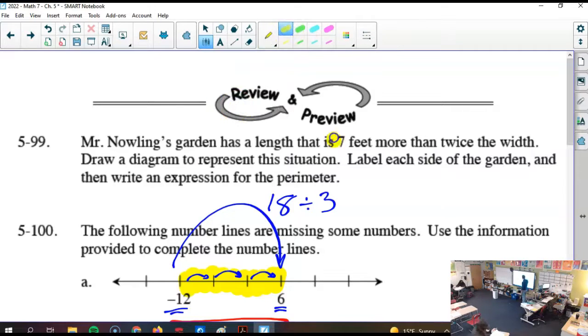I'm not going to walk you to your answer. But Mr. Nolling's garden has a length that is 7 feet more than twice the width. What I need to see if you can do at this point is turn that into a mathematical expression like what we did last week. Now, if I was you, I would just draw a picture. And it tells us draw a picture. Right? So I would draw the garden and then label things.